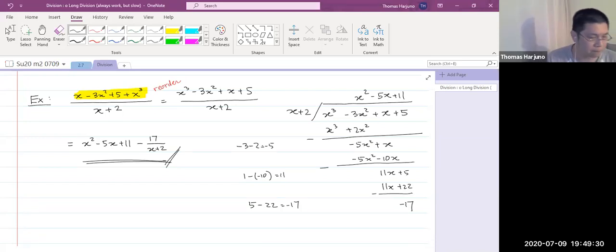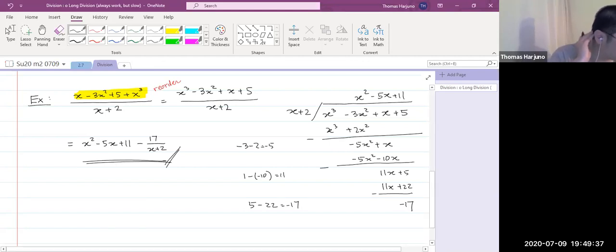Okay, that's the long division. To help you dissect the procedure later on, I would like you to do the long division problems from section 3.2.